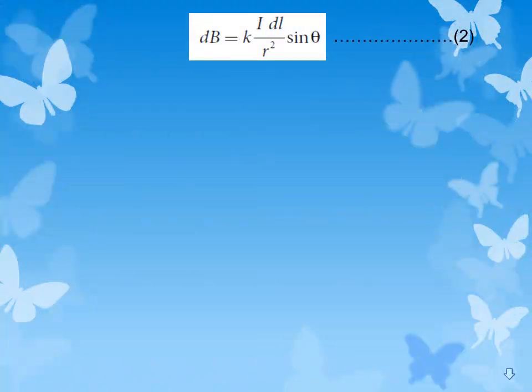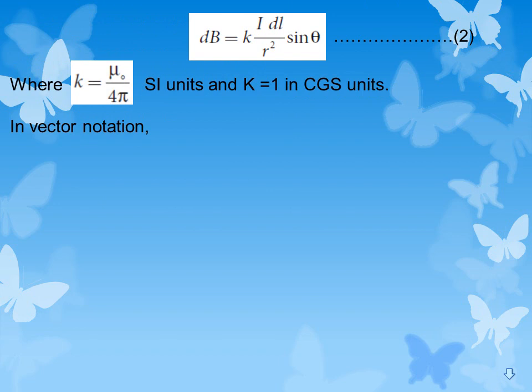From the first relation, dB is proportional to I dl sin theta by r square. If you use a constant K, then you can write the equation dB is equal to K into I dl sin theta by r square. Here K is equal to mu naught by 4 pi in SI units, and K is equal to 1 in CGS units.